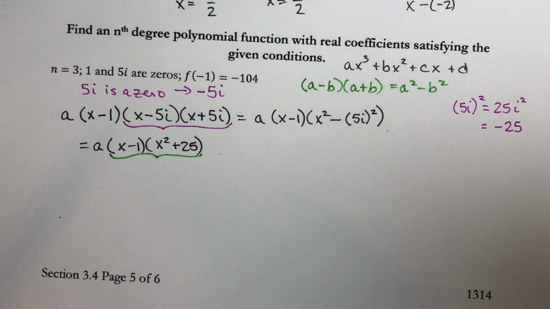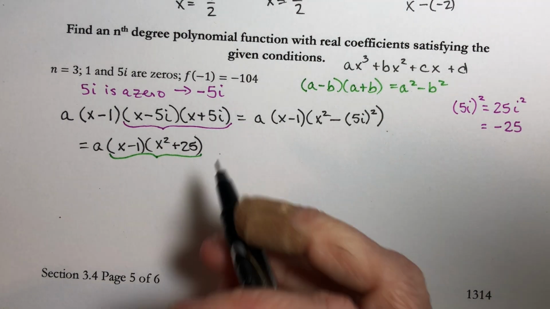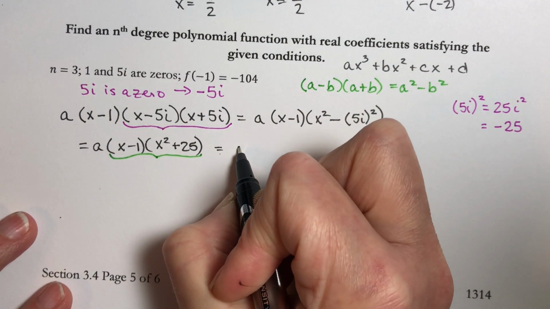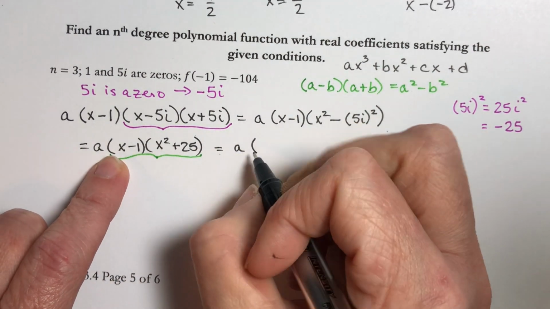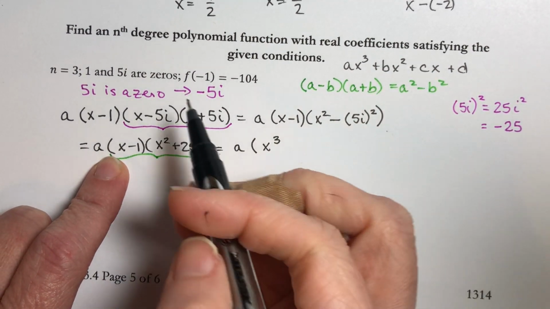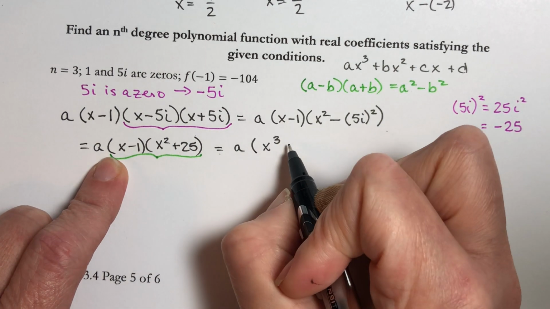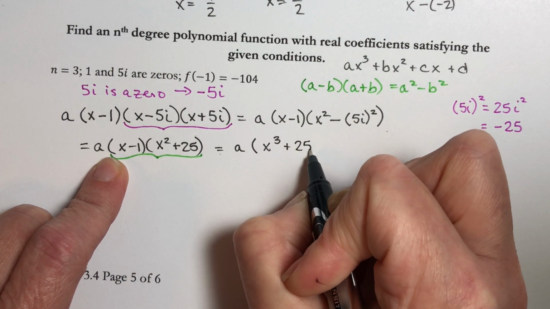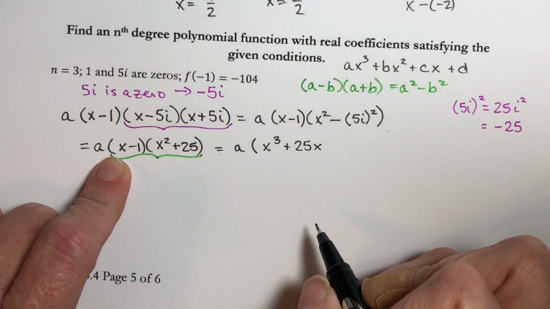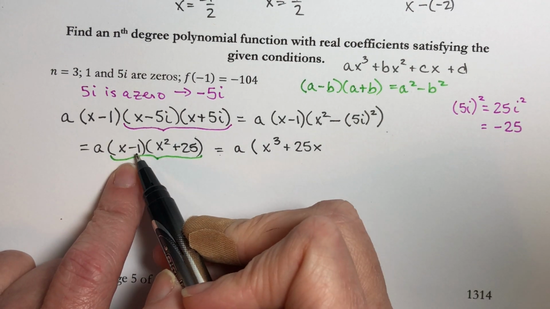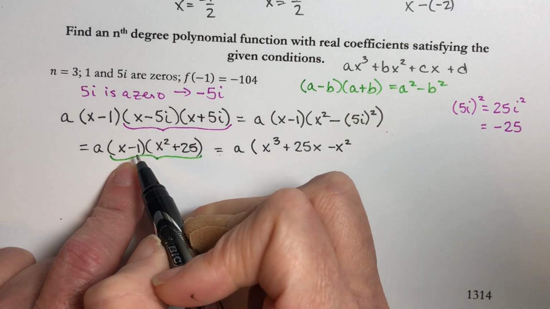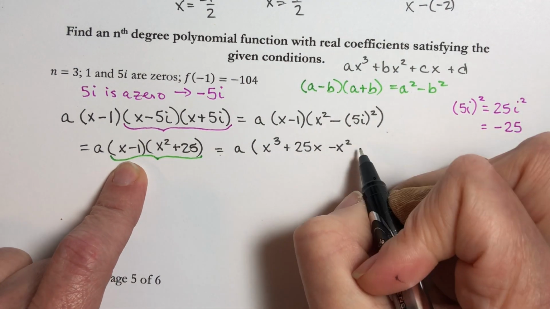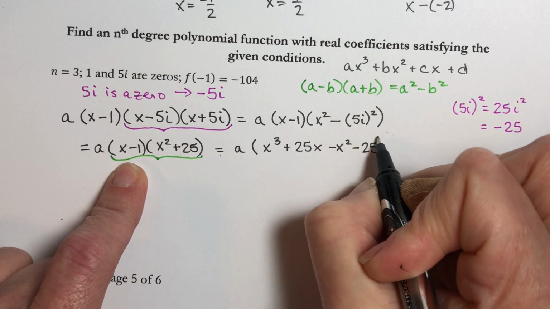It's a distribution or FOIL. I keep that a. Now, x times x squared, that's going to be x cubed. x times 25, so that's plus 25x. Now distribute the negative 1. Negative 1 times x squared, that's minus x squared. And negative 1 times 25, that's negative 25.